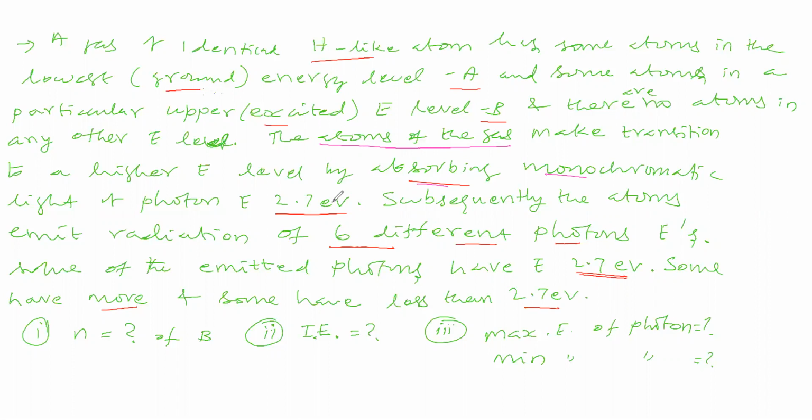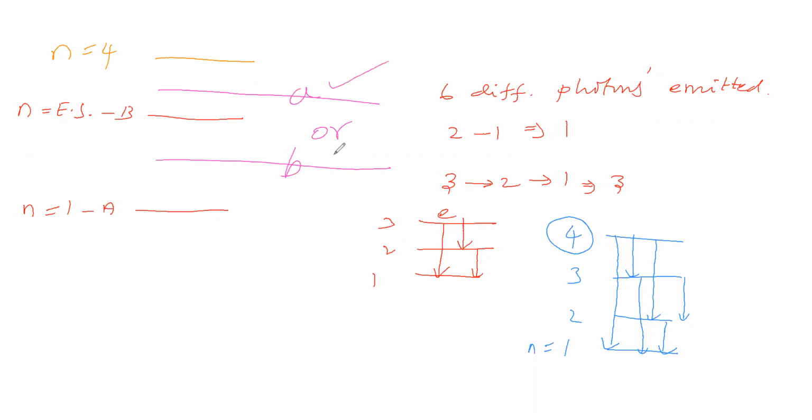But another point is mentioned: in level A, some atoms are present, in level B, some atoms are present. There are no atoms in any other energy level. This may indicate A is possible but not B.